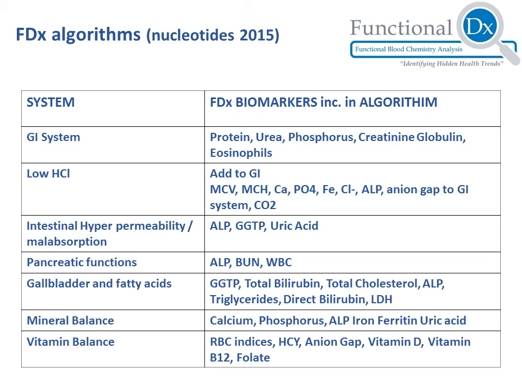If I was looking at hydrochloric acid, I'd take all of those and add MCV, mean corpuscular volume, mean corpuscular hemoglobin, calcium, phosphate or phosphorus, iron, chloride, alkaline phosphatase, and I'd look at the anion gap, which is a seriously important marker and rarely used in the medical world.